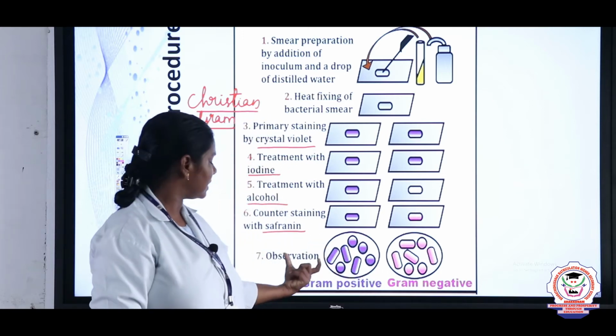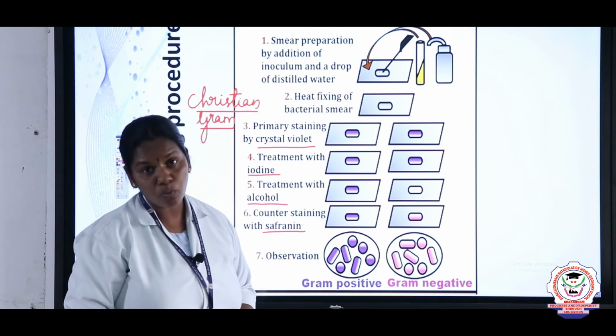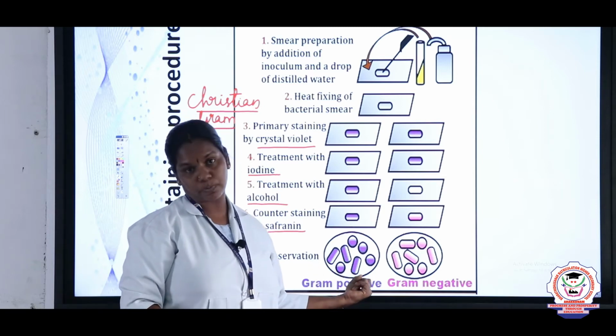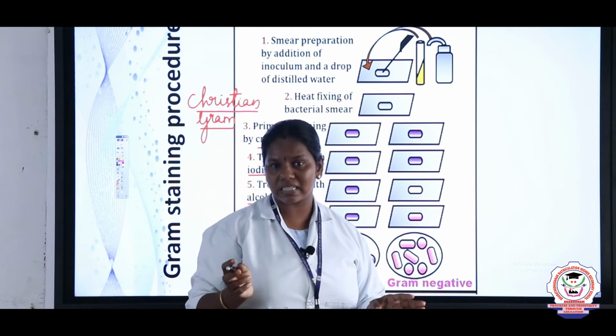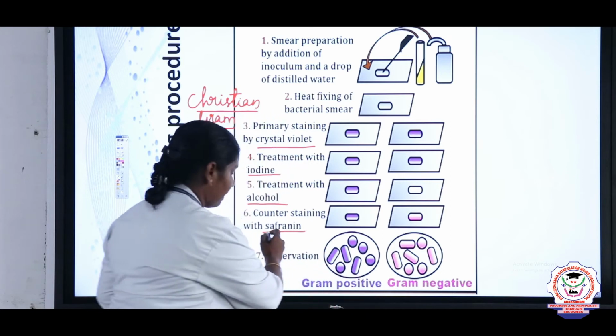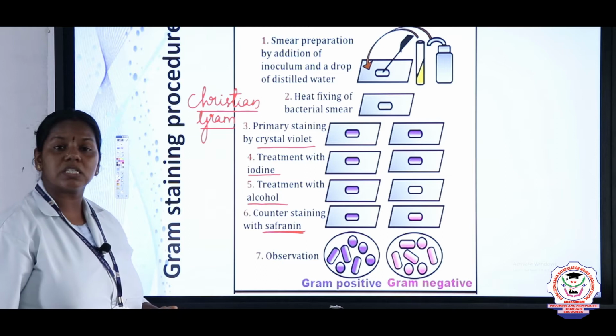First, the gram positive bacterium retains the color of the crystal violet. So, violet colored stains we call gram positive, but the gram negative bacterium loses its crystal violet color and retains the color of the safranin, like this. So, this is the staining procedure in bacteria.